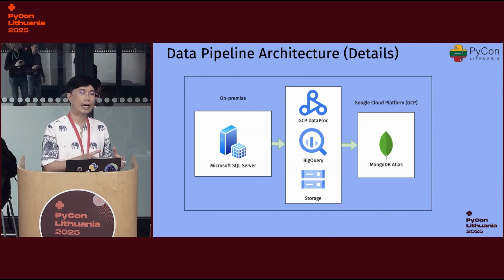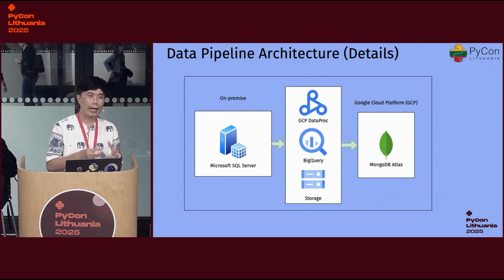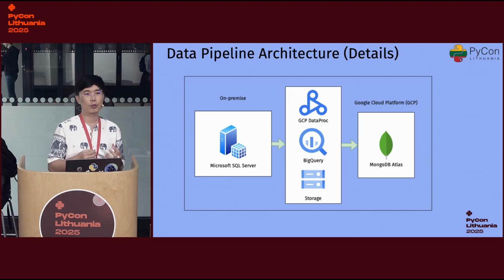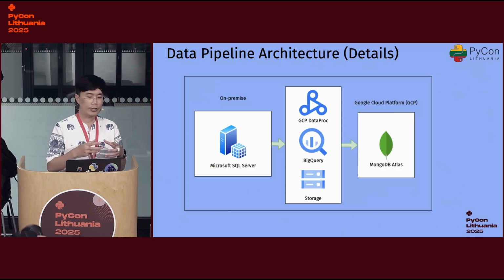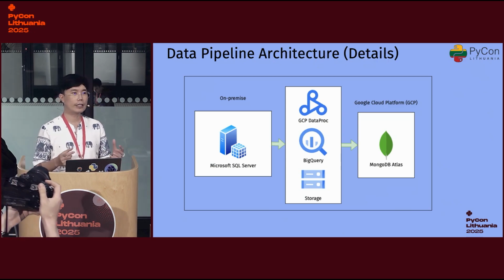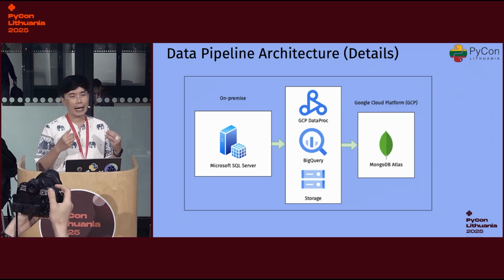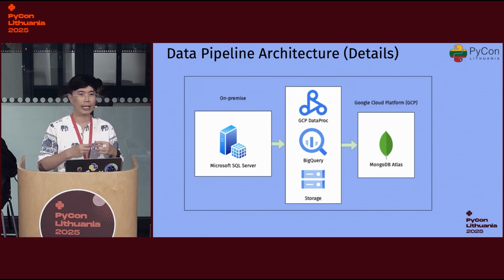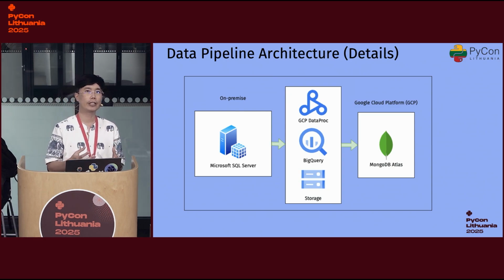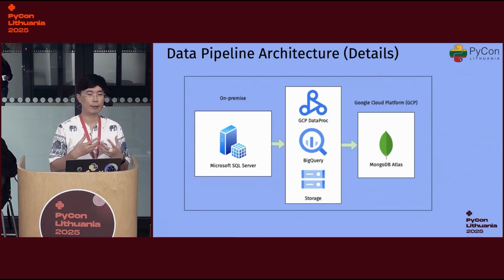But normally when you select a Google Cloud service that can run PySpark, they have many services, right? I just selected the one that has PySpark built inside. PySpark means you can run Python in parallel for data processing at the same time.